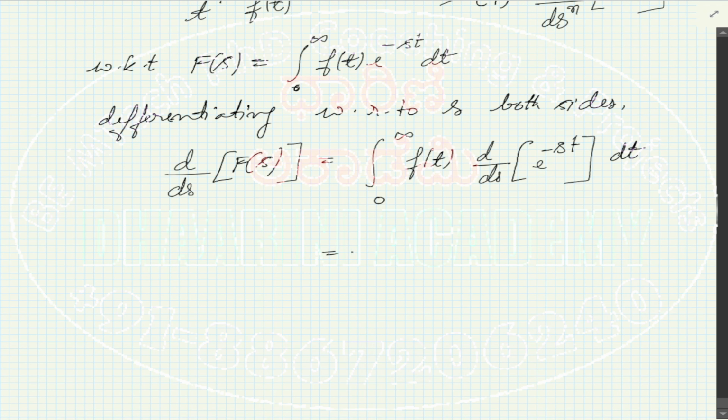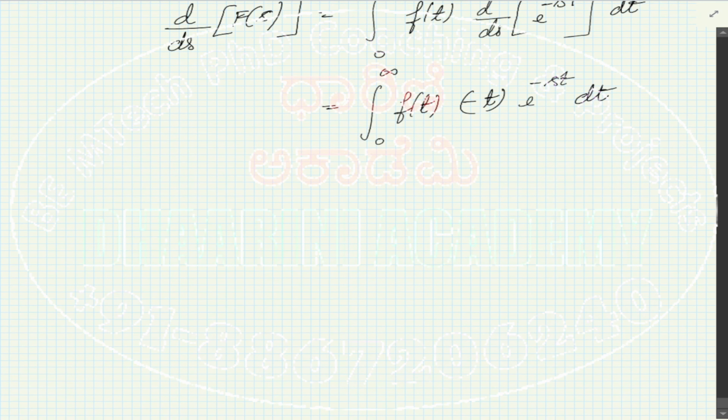So this is equal to integral 0 to infinity f of t remains as it is, e to the minus st becomes minus t into e to the power minus st dt. Now this means what?